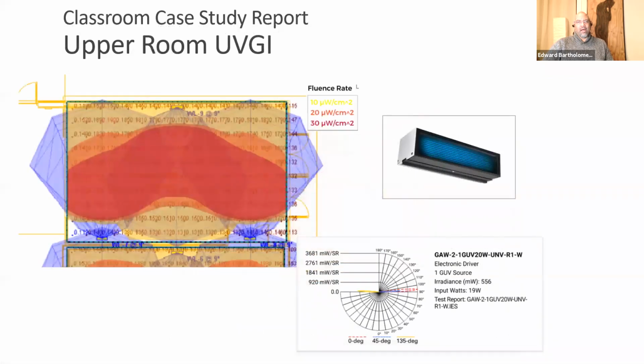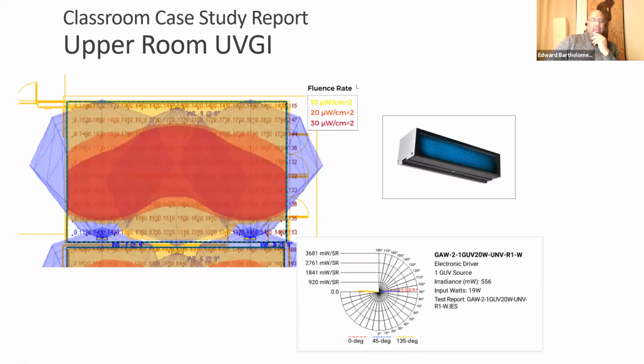So we modeled an upper air room UVGI in a space, a very simple classroom space, and located two of the units in here. And so I'm just going to show you some of the readings that we got. But fundamentally, we were able to get 30 microwatts per centimeter squared in the darker red, and to the yellow at the edges, up to 10 microwatts per centimeter squared.